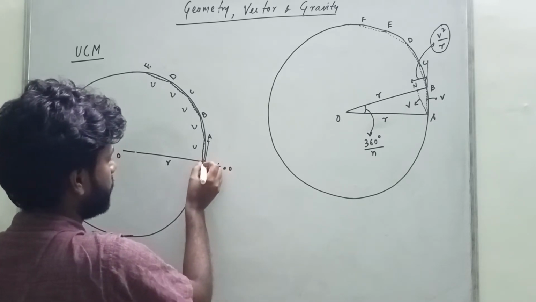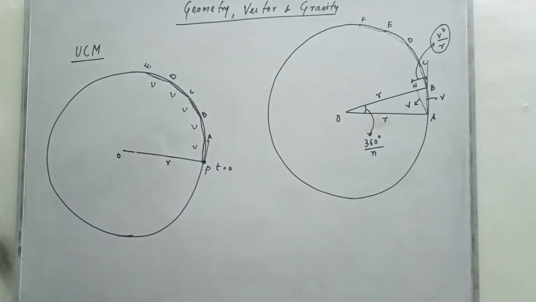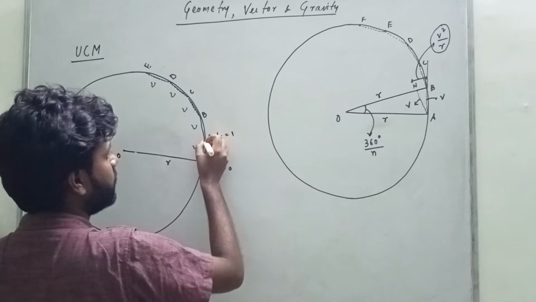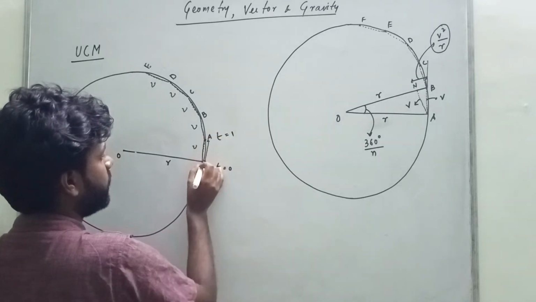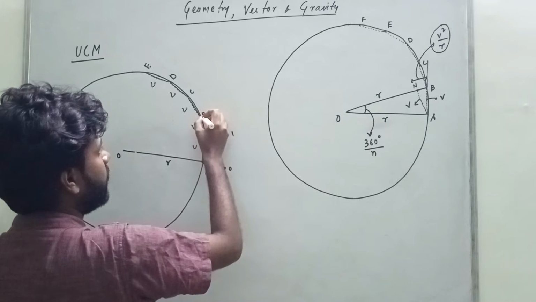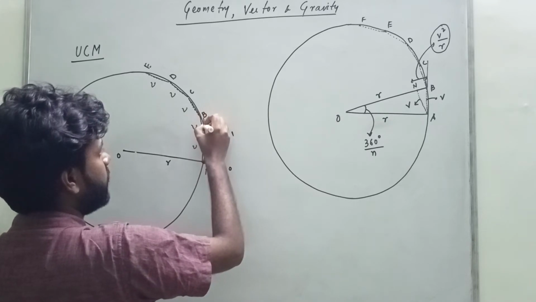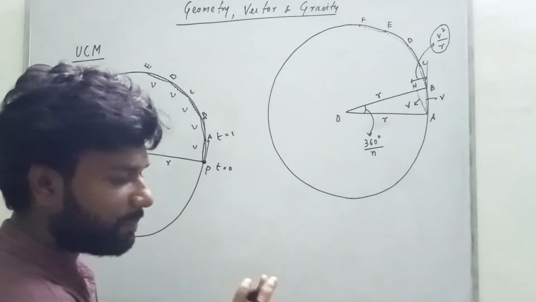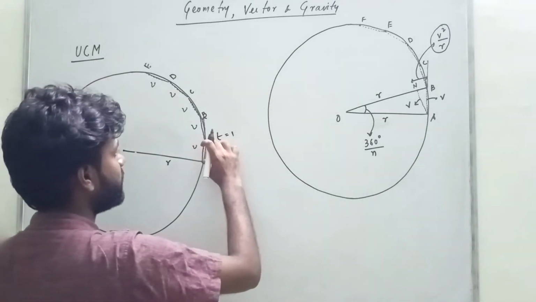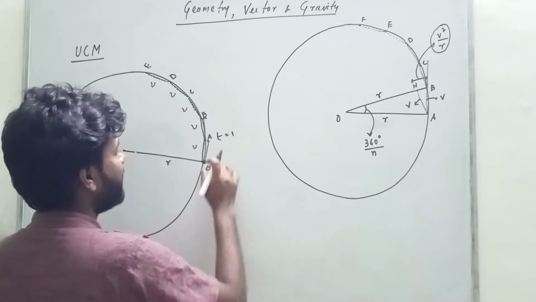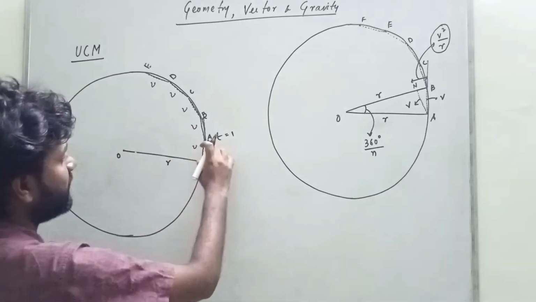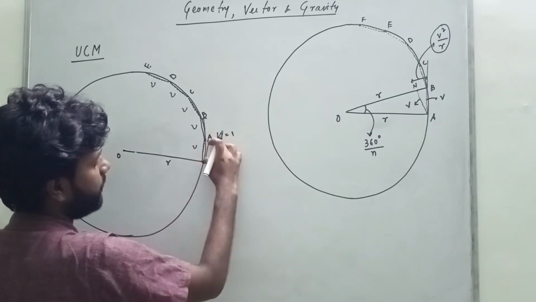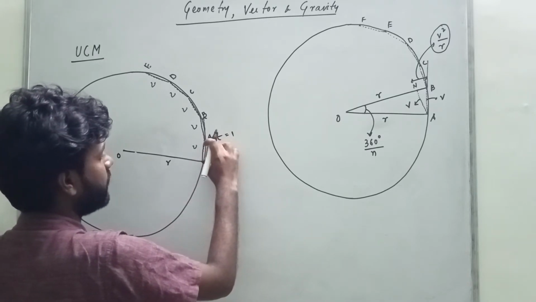After 1 second, at t equals 1, the particle traces from here to there, and obviously the velocity is in that direction. Because of the same speed, the magnitude of this thing will be the same. Just look at this, it is the same, just a parallel transformation.